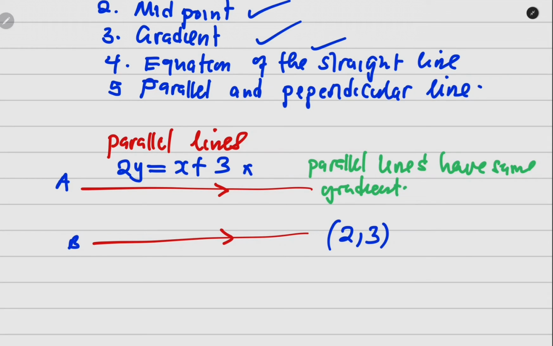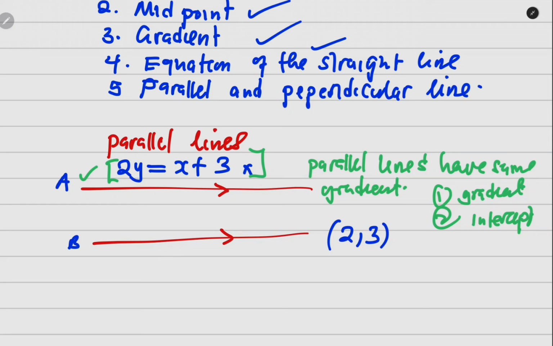Which means the gradient for this line is equal to the gradient for this line. And that is what we need to find the equation of this line, because we said we need the gradient, and also the intercept. So the gradient, we are going to get it from this one. If we can find the gradient of this one, that is the gradient for this one.